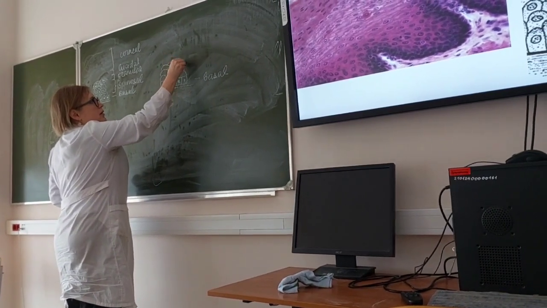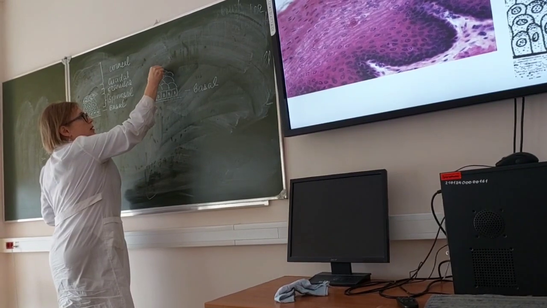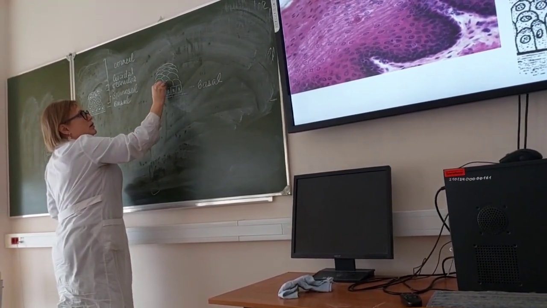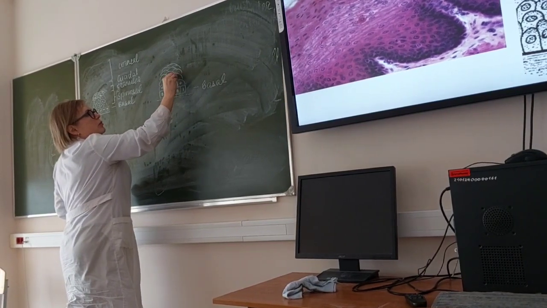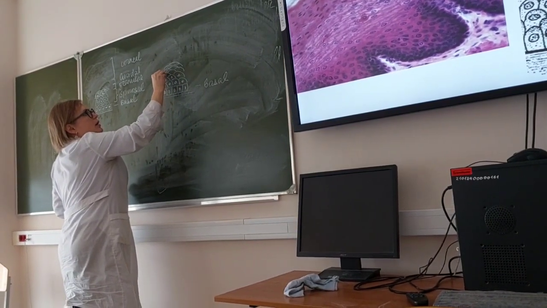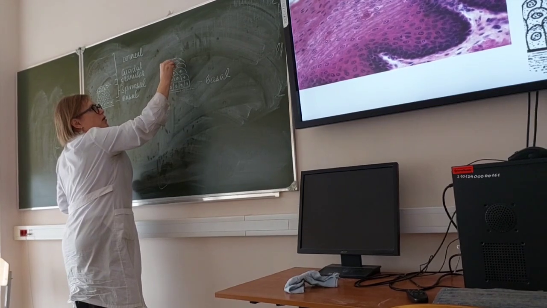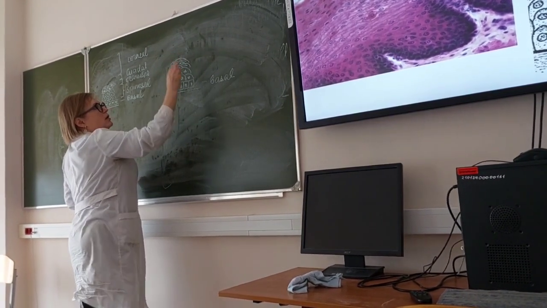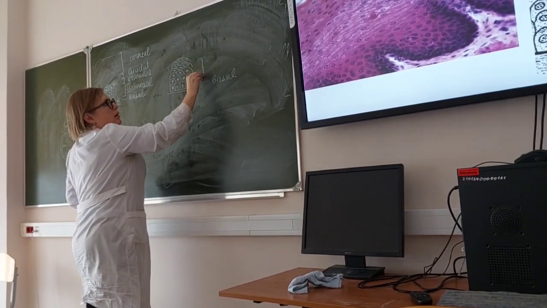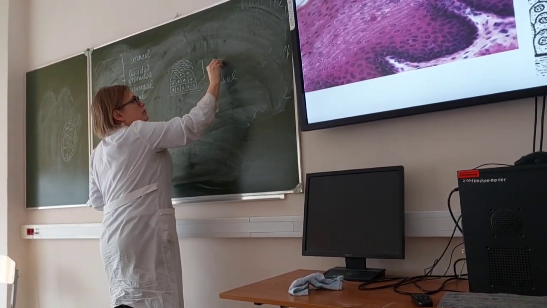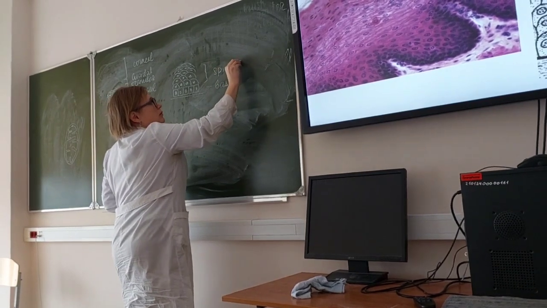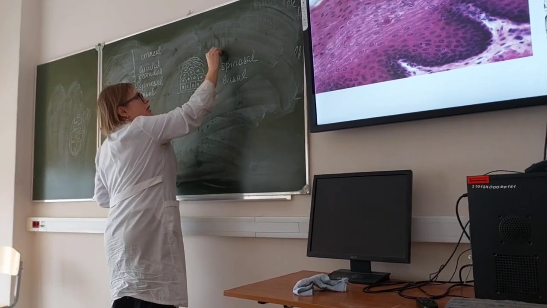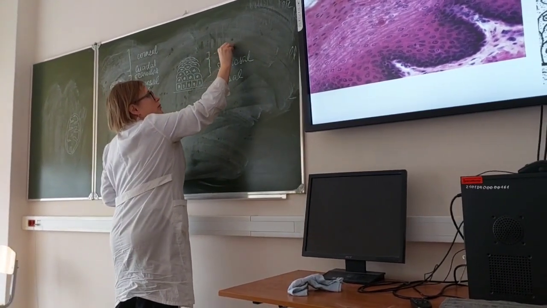But then they become more and more flattened. Yes? The nucleus repeats the shape of the cell. They become more horizontal, oval. More and more flattened. So approximately here spinosal. And this, where we can see only flattened cells, is the squamous layer.